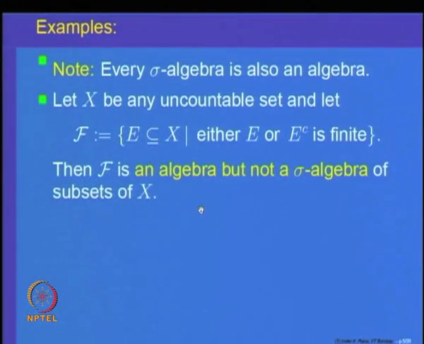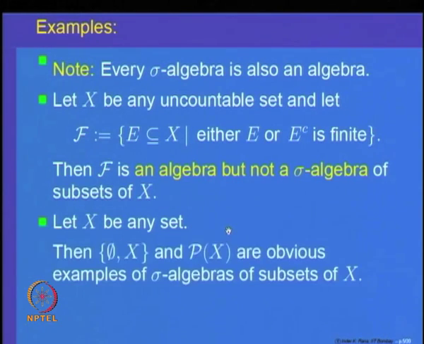Now, let us look at some more examples of sigma algebras. Let X be any set. Then obviously, the empty set and the whole space put together, the two elements, that collection is a sigma algebra, because there are only two elements, their union belongs, it is closed under complements and so on.